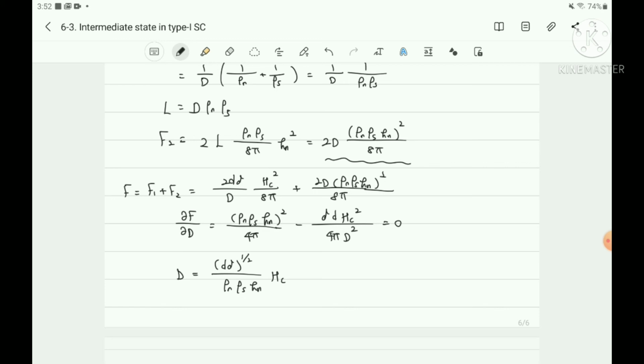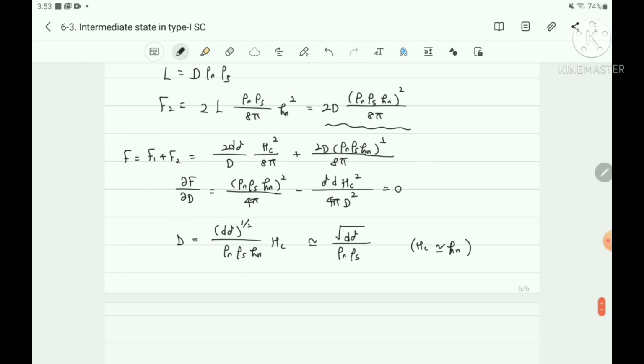If the applied magnetic field is close to Hn, there is an order of square root d delta over rho n rho s, for the case where Hc is close to Hn.